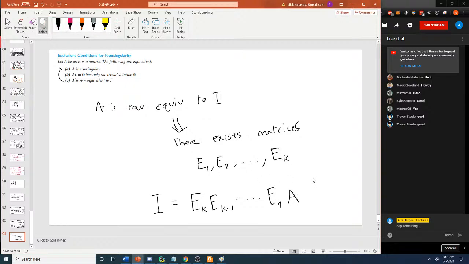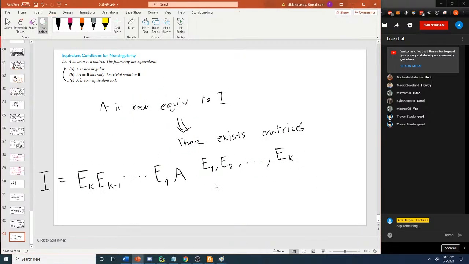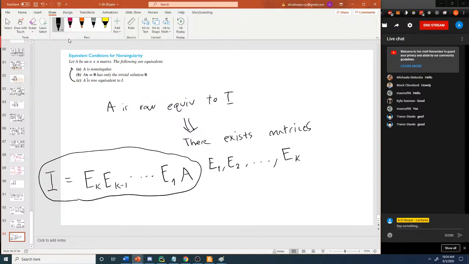Now, here's the key fact that we use. Each Ei is invertible. So for example, I can multiply by the inverse of EK, the inverse of EK minus 1, and so on.